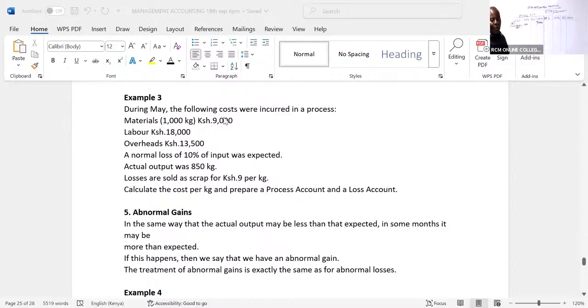So remember, once you've brought in the main material, now you need to bring what we call conversion. Conversion is made up of two items, labor and overheads.